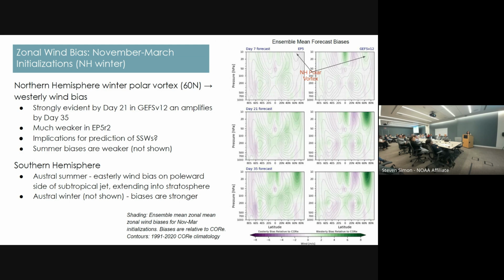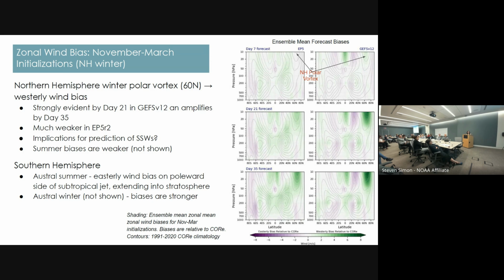So the left is EP5, the right is GEFSv12, and then I've got the week 1, week 3, week 5 forecast. And the good thing is the green is showing up, because that's the westerly wind bias that you can see here in the GEFS for the Northern Hemisphere polar vortex. What is promising is that while the wind bias is still there, it has been reduced. So we're moving in the right direction there, which we want to see.